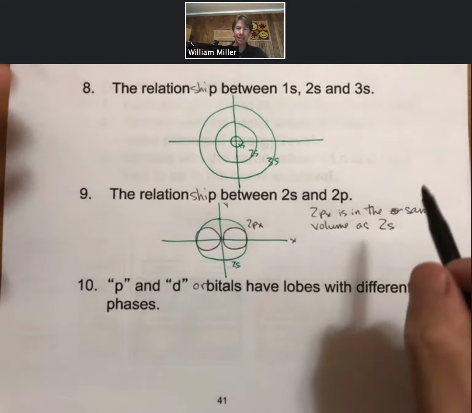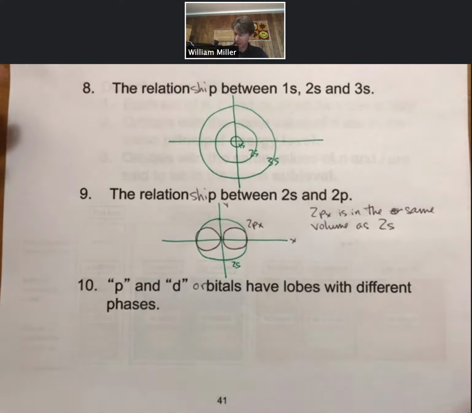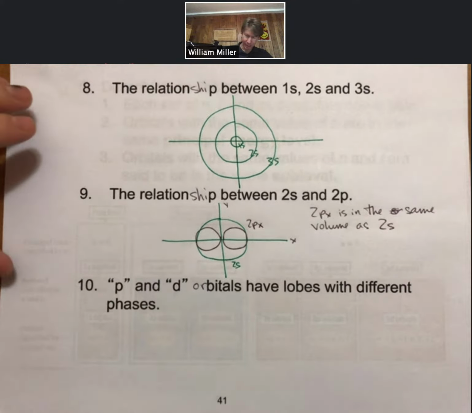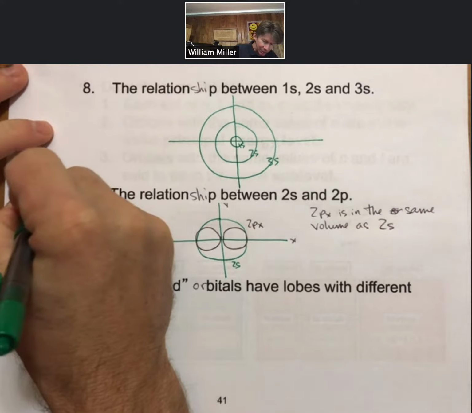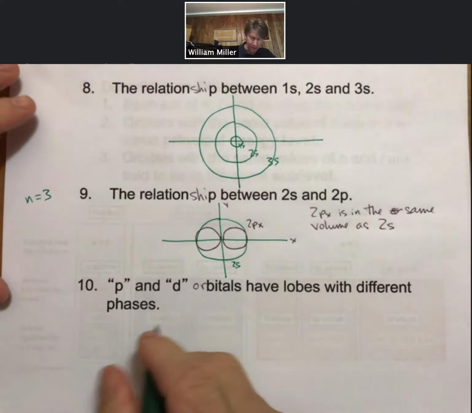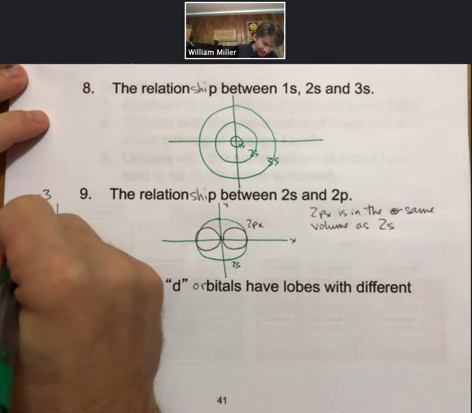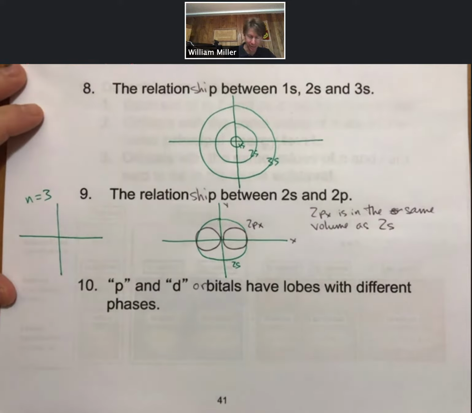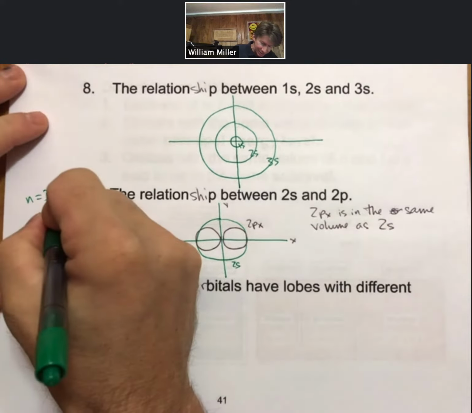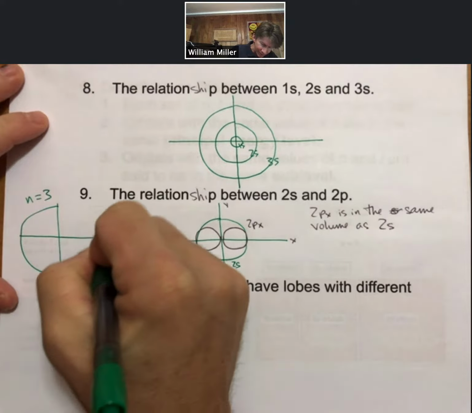Okay, and what you might imagine, let's go ahead and sketch it out. So if we had n equals 3, let's say n equals 3 is here, roughly.